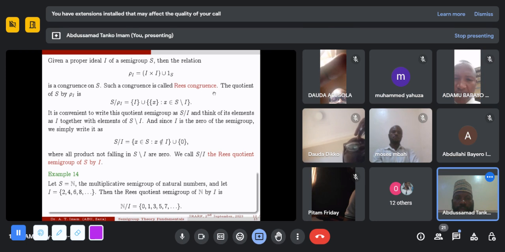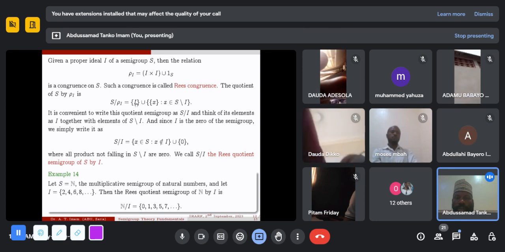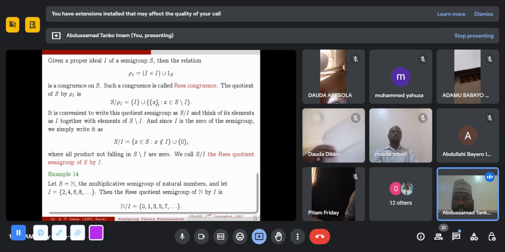And then from what we have discussed, if you have a congruence, you can form a quotient semigroup using the congruence. But then we have just described what the congruence is. All elements of the ideal are related to each other. So one equivalence class of the congruence is the ideal I. Union members not in the ideal will form singleton classes.